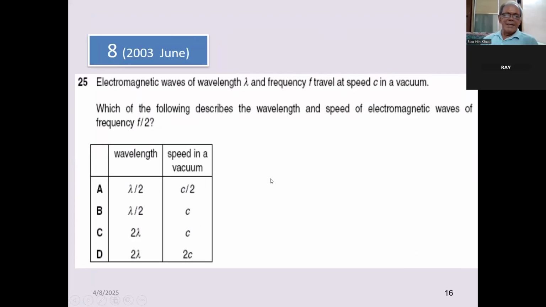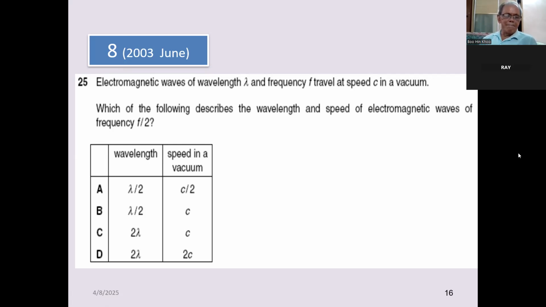Okay, number 8. In number 8, you have to use your head a little bit. Electromagnetic waves of wavelength lambda and frequency f travel at speed c in vacuum. Which of the following describes the wavelength and speed of electromagnetic waves of half the original frequency?